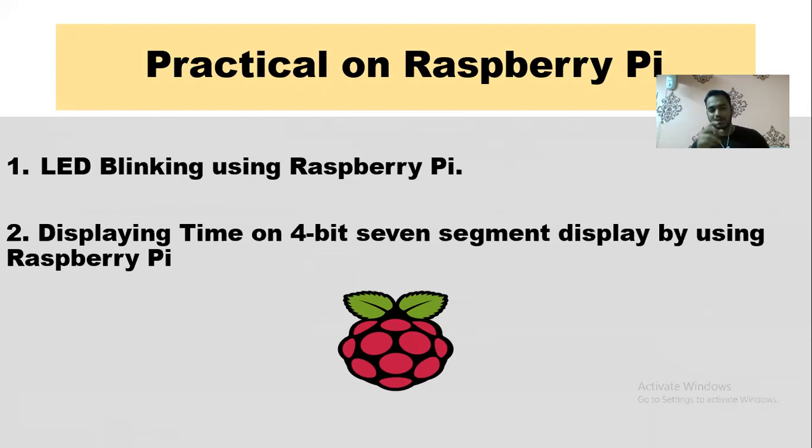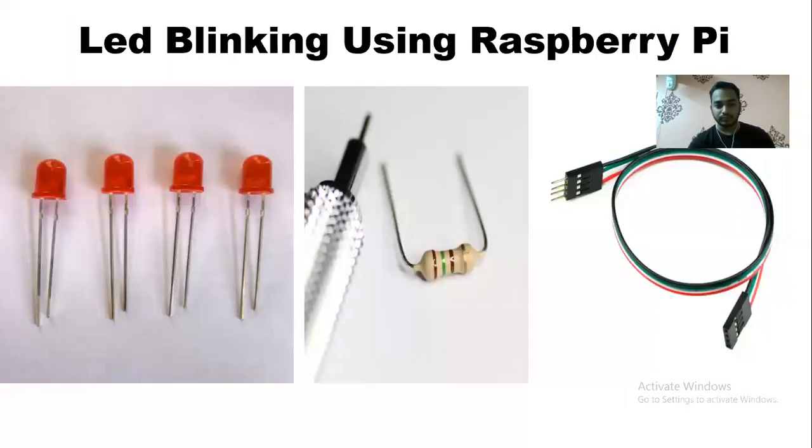These are very basic practicals. The first is LED blinking using Raspberry Pi, and the second is displaying time on a 4 by 7 segment display, using the same Raspberry Pi kit. We will see the first practical, LED blinking using Raspberry Pi.